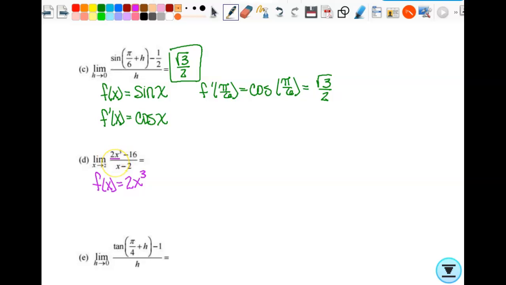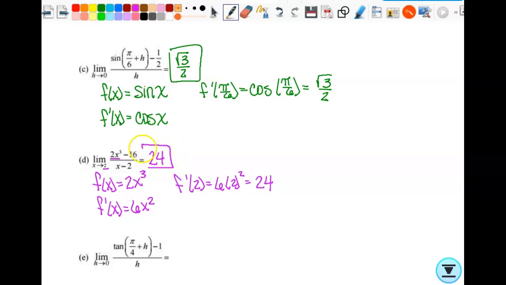You just take it from there. So then f prime of x would be equal to what? 6x squared. Do I evaluate this one? Yes. At 2. So f prime of 2 is 6 times 2 squared, which is 24. What questions you got? All right, you try the next one.